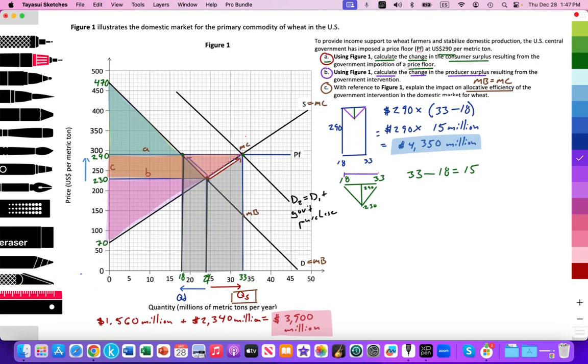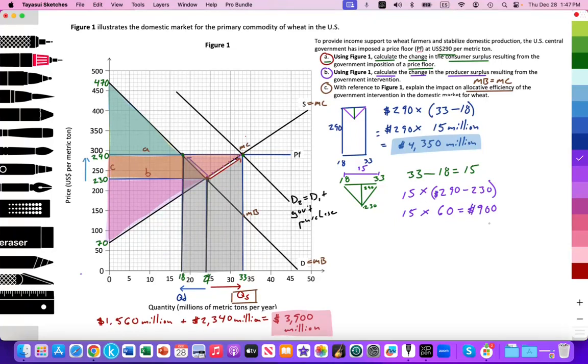Then I'll take 15 multiplied by the height, 290 minus 230. That equals 15 times 60, and that's going to give me 900.